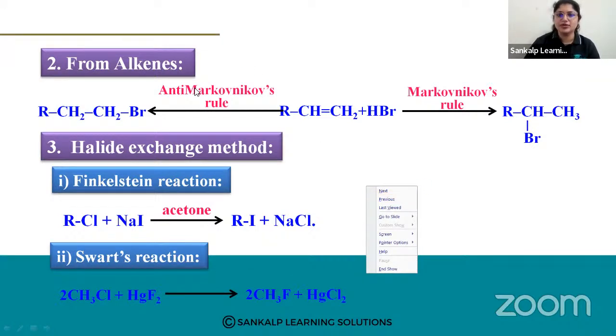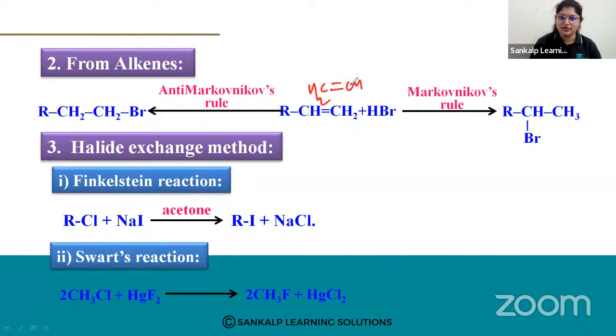So we were discussing the unsymmetrical alkenes. Do you know what symmetrical alkenes are? Symmetrical alkenes are those where, across the double bond, the number of carbon atoms is the same. Suppose you are adding a water molecule across this double bond, how will it add?